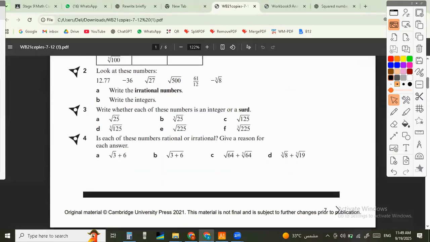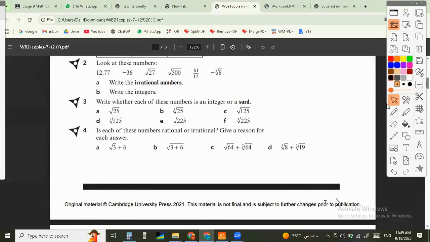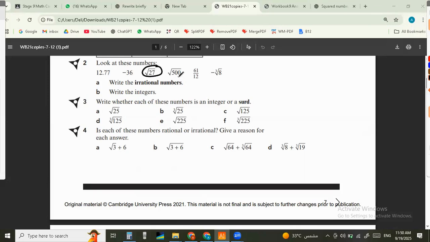Question 2. Look at these numbers. Write the irrational numbers. 12.77, that's a terminating decimal. It ended, so it is rational. Negative 36, integer, rational. Square root of 27, oh, that's a surd, irrational. Square root of 500, I cannot find an answer to it.